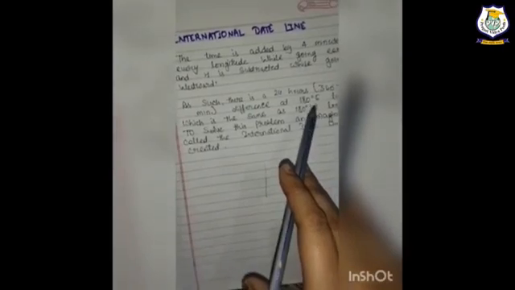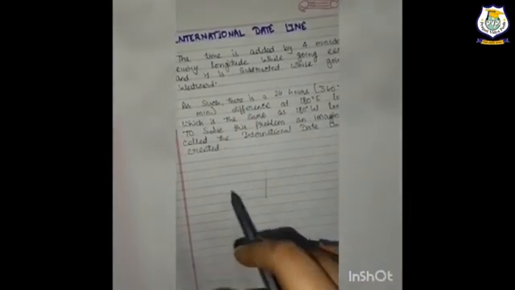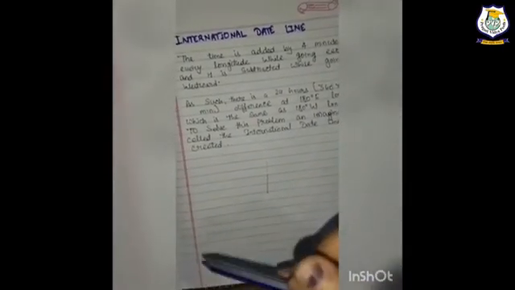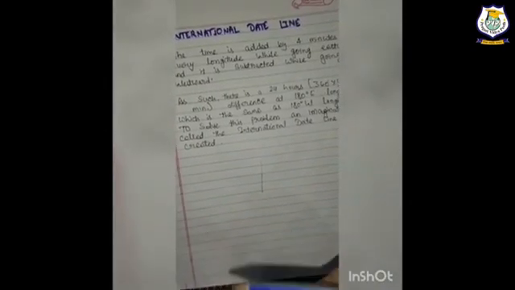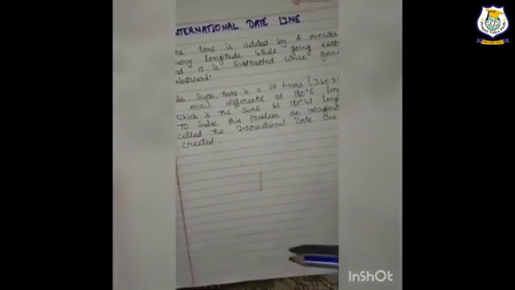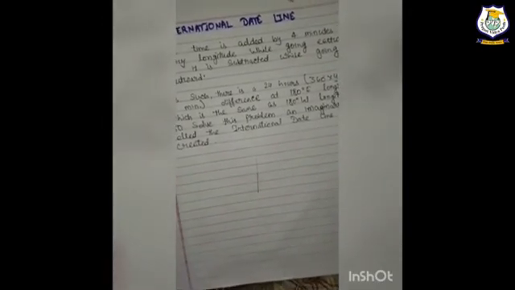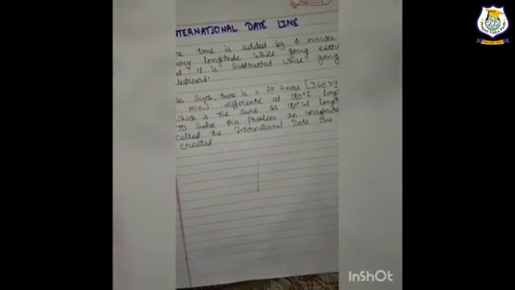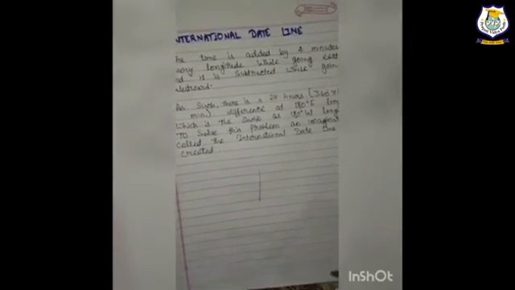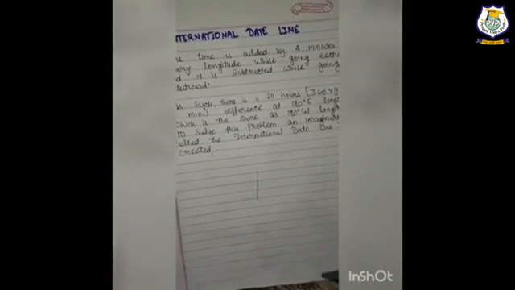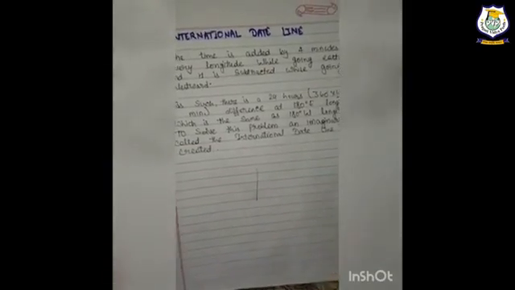So there is a difference at 180 degree east longitude, which is the same as 180 degree west longitude. To solve this problem, an imaginary line called the international dateline was created. It is more or less the same as the 180 degree longitude, but not a straight line. The 180 degree longitude passes through many islands in the Pacific Ocean, thus the international date line is a zigzag line.